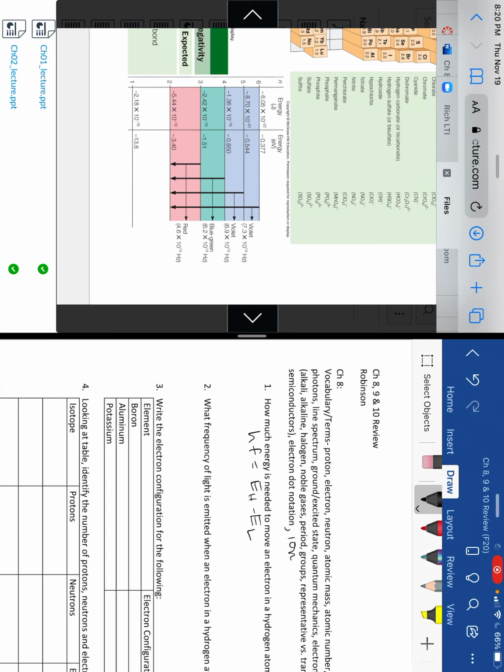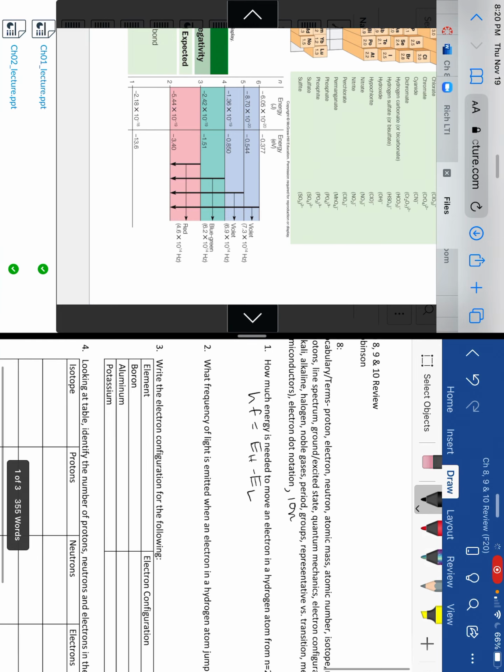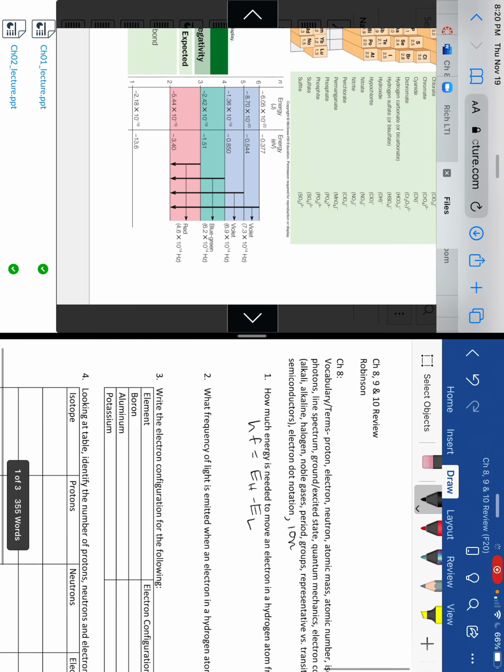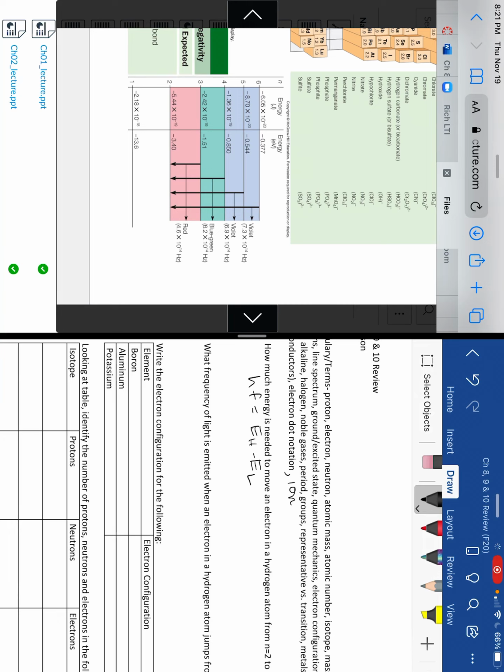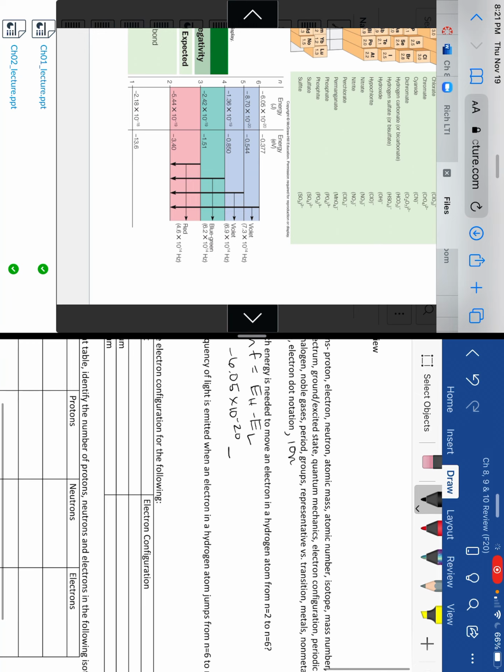It wants us to figure out how much energy is needed to move an electron from n equals 2 to n equals 6. So n equals 6 is negative 6.05 times 10 to the negative 20th minus the lower one, 5.44 times 10 to the negative 19th.